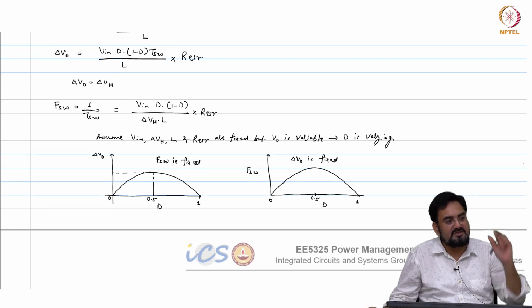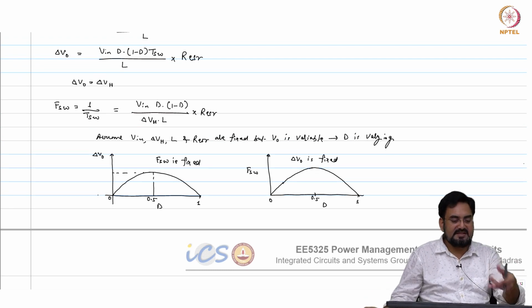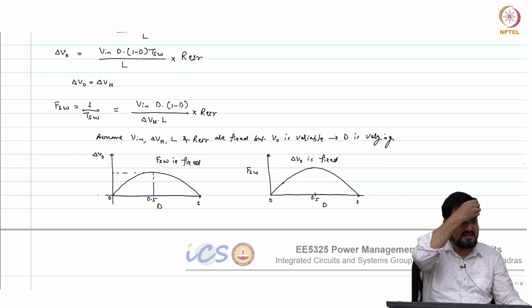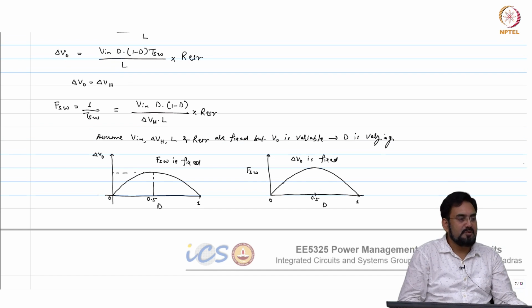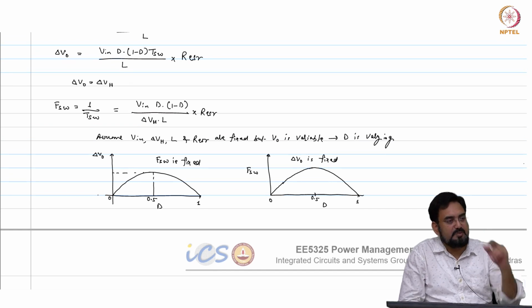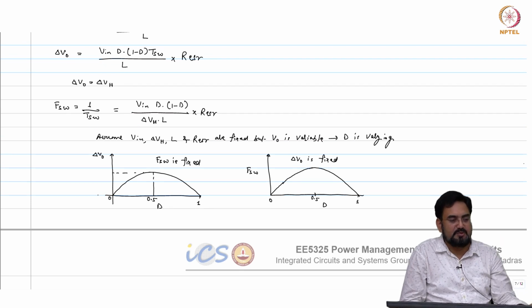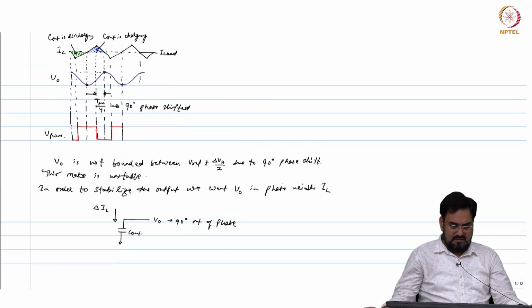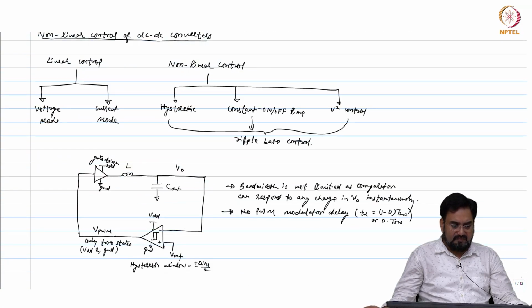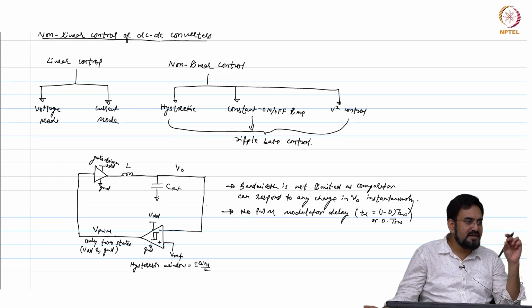Now, assume your Vin is also varying. If Vin is increasing, then we know the ripple increases with that. So your switching frequency is proportional to Vin here, correct, and inversely proportional to L and proportional to RESR. And from here you can intuitively look at it: if I increase the L, your ripple will reduce.